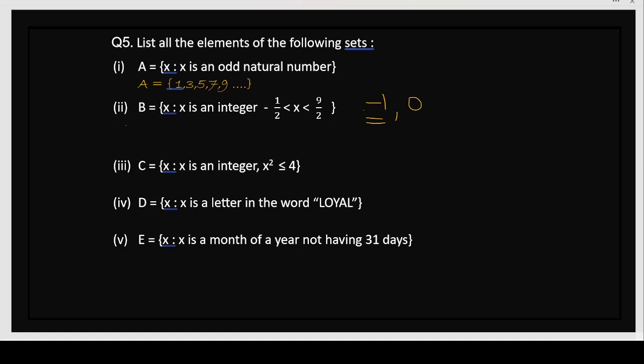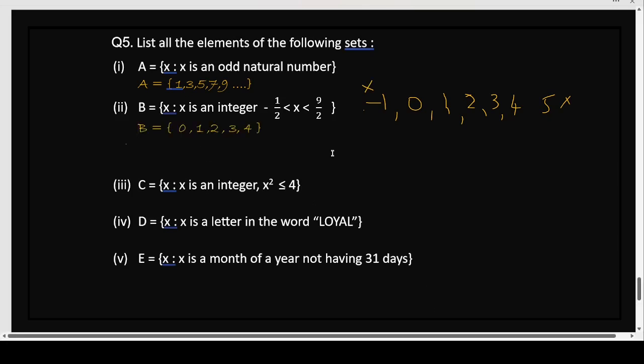That means after minus half, 0 is there: 0, 1, 2, 3, 4. After that, 5 cannot be qualified in this set because it should be less than 9 by 2, that is 4.5. So 5 is not allowed, and minus 1 is also not allowed. These are the elements. So in the roster form, the set is B equals {0, 1, 2, 3, 4}.